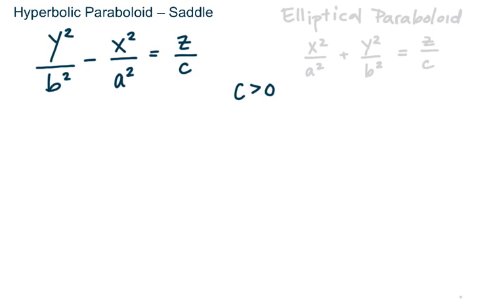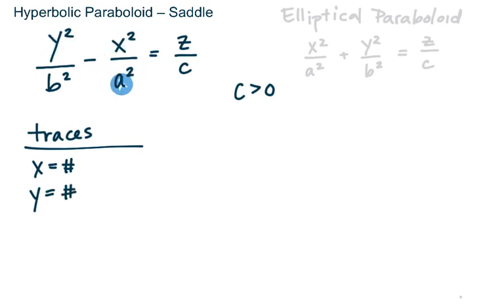So let's look at what this graph looks like in my R3. What are my traces? So what happens if I let x equal a number or y equal a number? x equal a number cancels that out. I have a parabola. y equals a number, cancel that out. Again, I have a parabola.